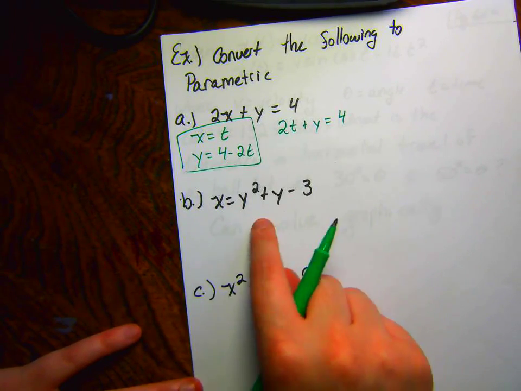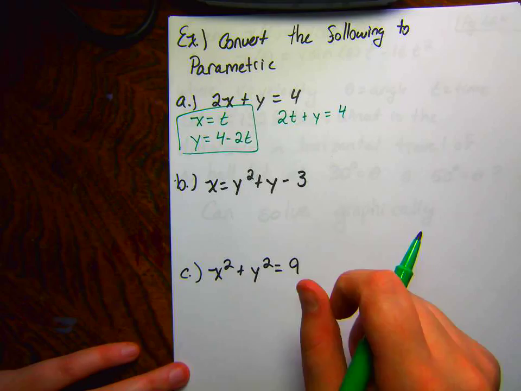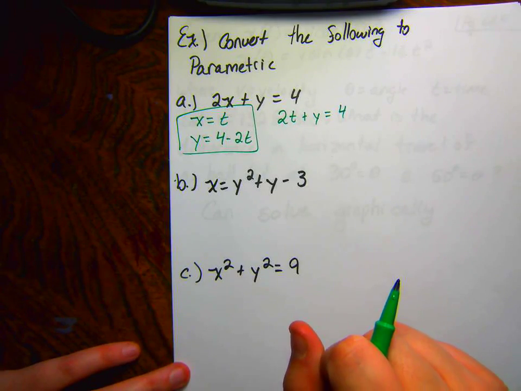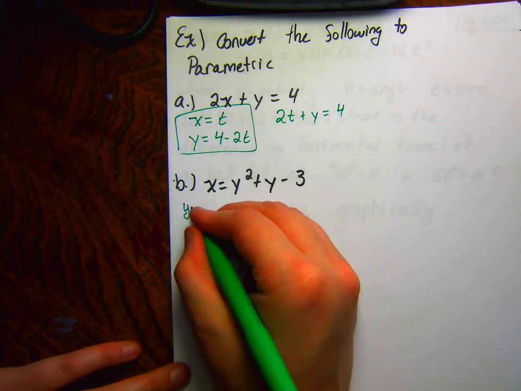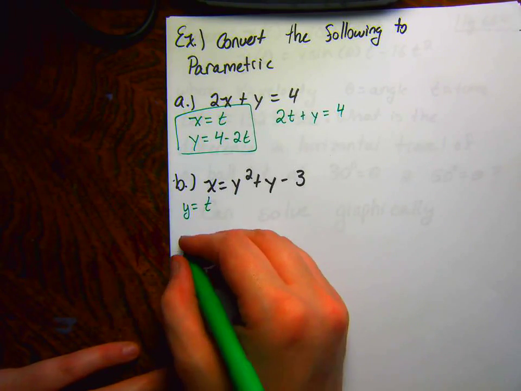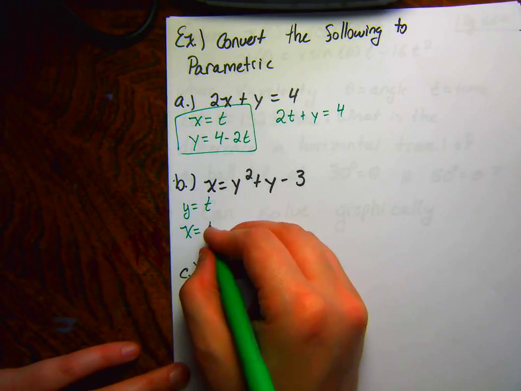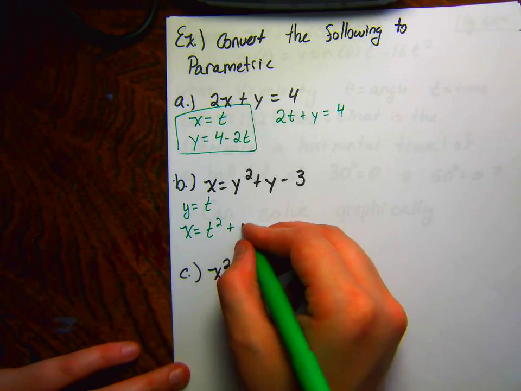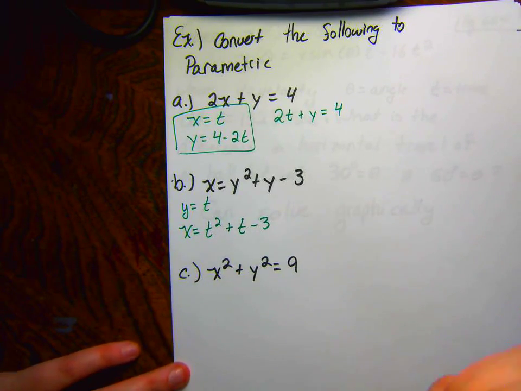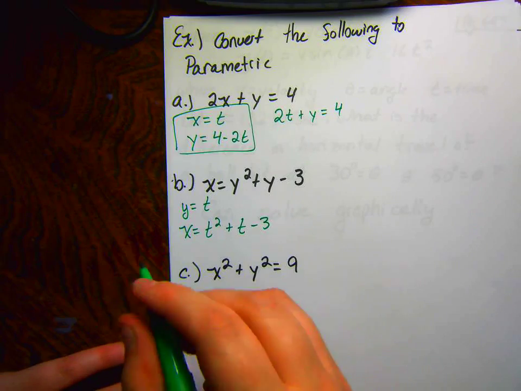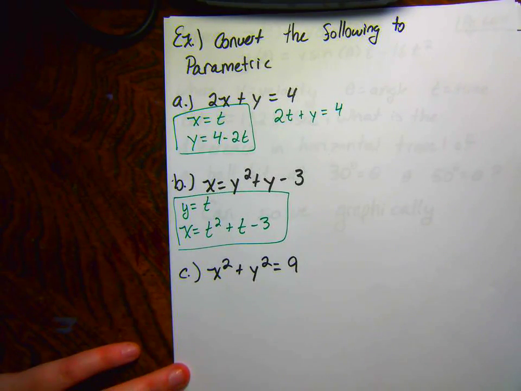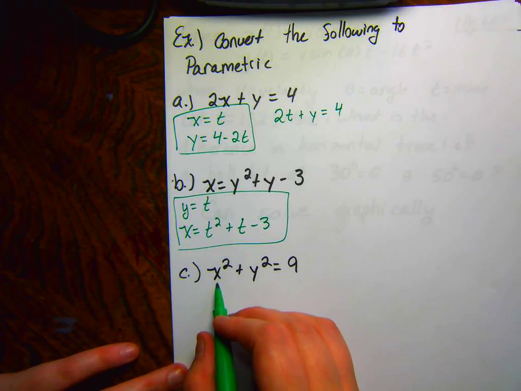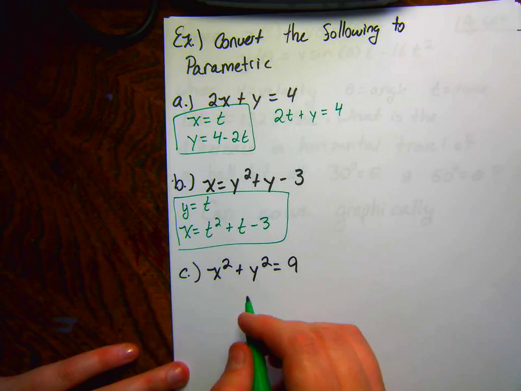Now this one, while it looks like it might factor into something nice, it doesn't. So I'm just going to let my y equal t this time, and x will equal t squared plus t minus 3. Now if I go down here and do the same thing, I have x squared plus y squared equals 9.